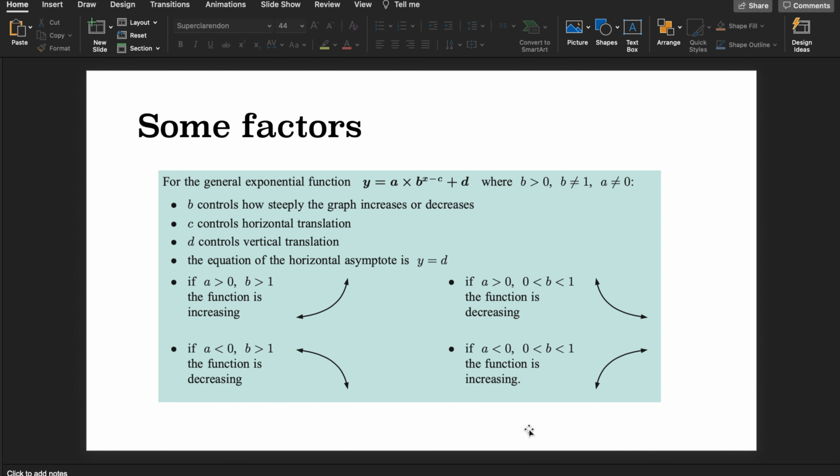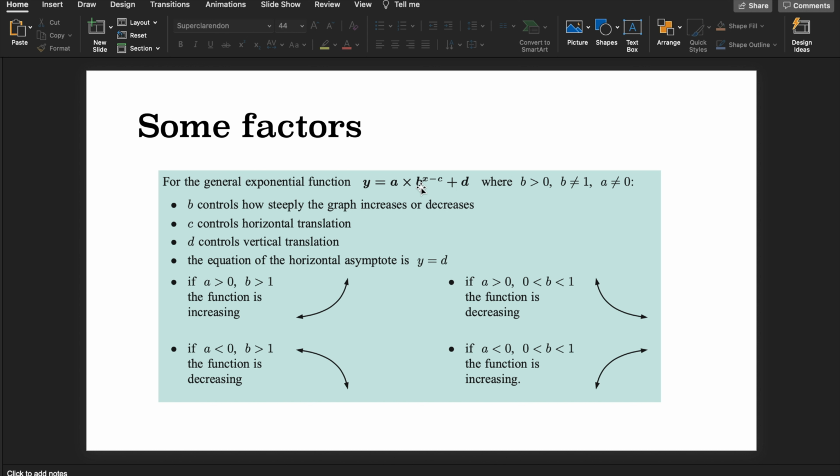Okay, so now let's look at some factors. For the general exponential function y equals a into b to the power of x minus c, plus d, where b is greater than 0 and b is not equal to 1, and a is not equal to 0, b controls how steeply the graph increases or decreases. The greater the value of b, the more steep the graph is.